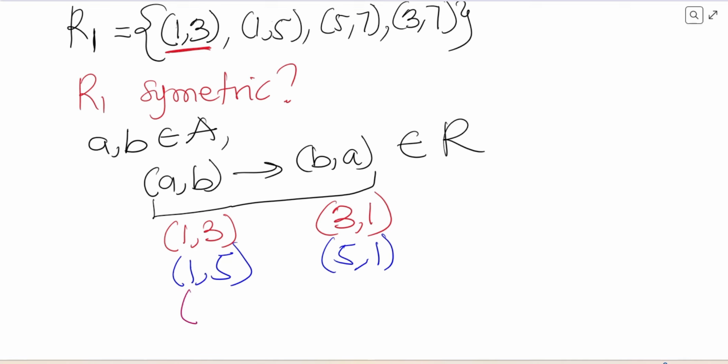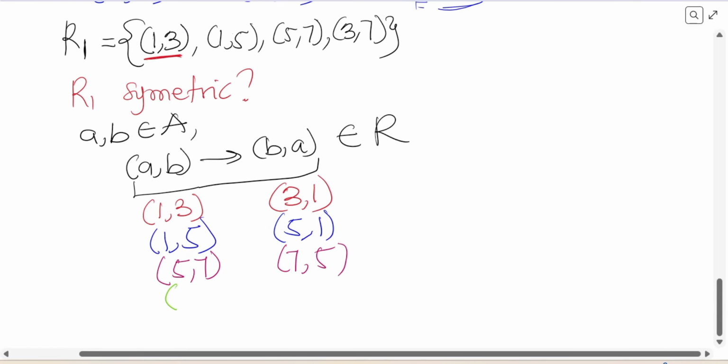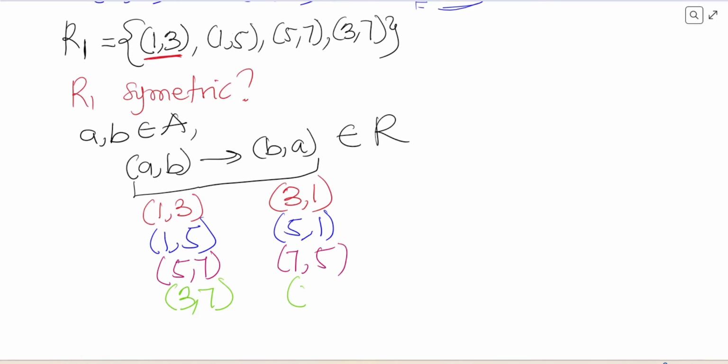Likewise, if we take (5, 7), it means we are expecting to see (7, 5). And lastly, if we take (3, 7), it means we are expecting to see (7, 3). So every member you see, you have to see its inverse.